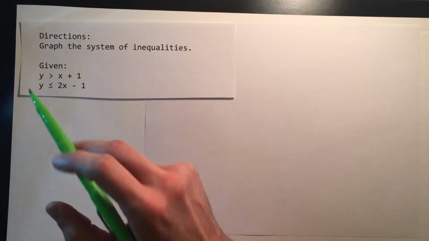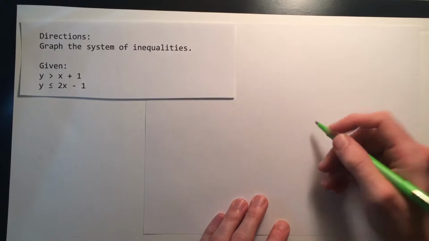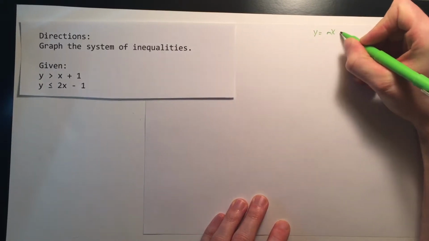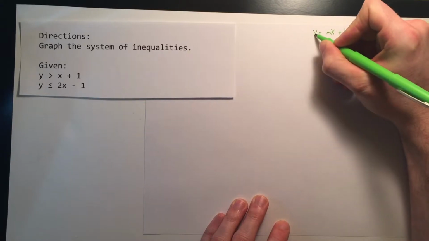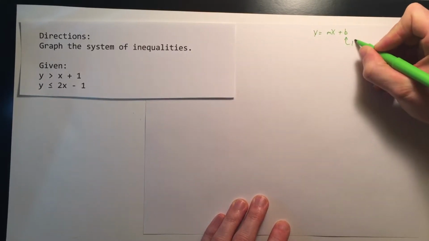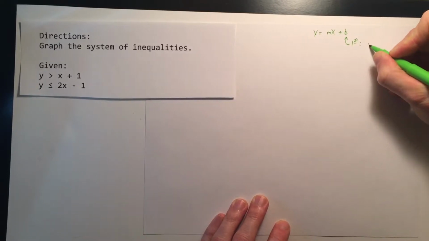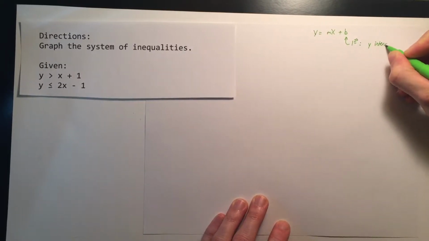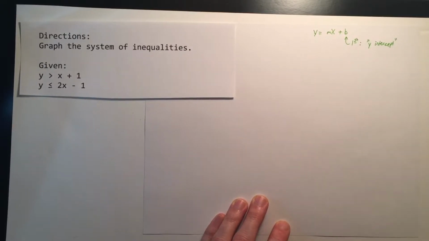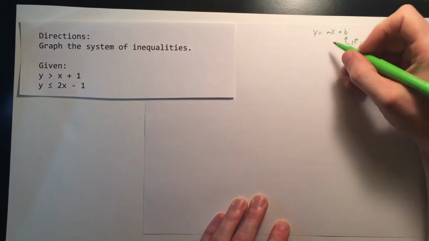So to graph an equation or an inequality, you can notice what form these are in, and these are in y equals mx plus b form. Let's remind ourselves, y equals mx plus b, we learned for equations, means the b is the first thing that you look at, which is the y-intercept, which is where the line will cross the y-axis.